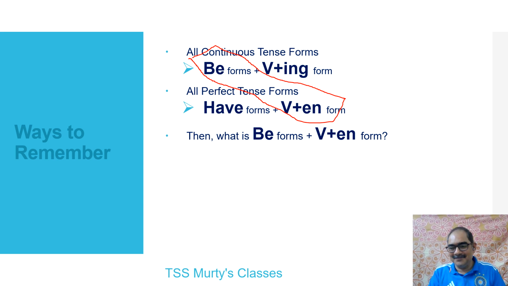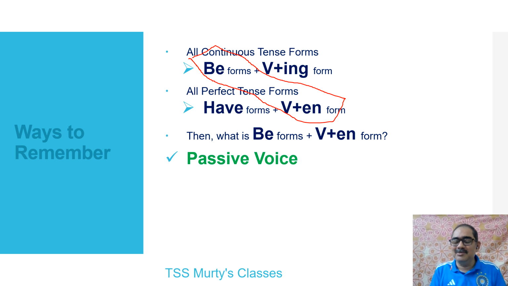That's a question. I'm sure you must be thinking about it, but let me tell you, it is nothing but the passive voice verb form. In a sentence in passive voice, the verb will have a be form and a verb en form. Then it is in passive voice. No second thoughts about it. Please keep this in mind.